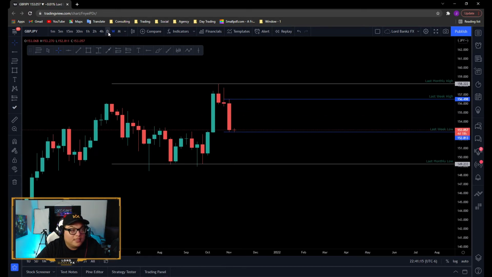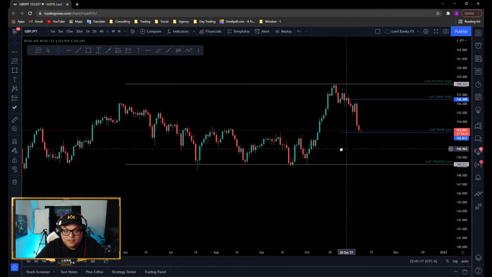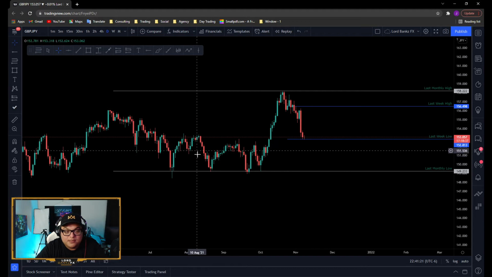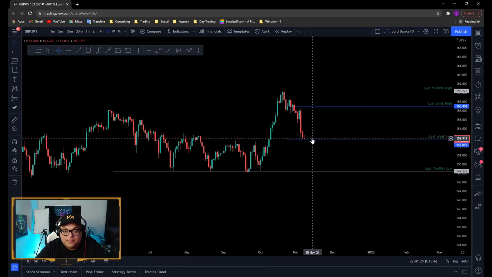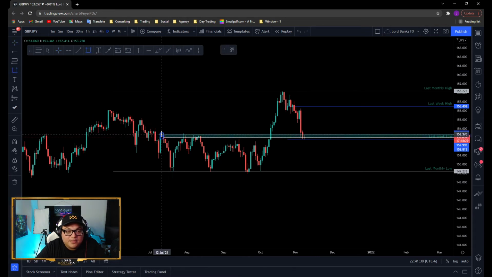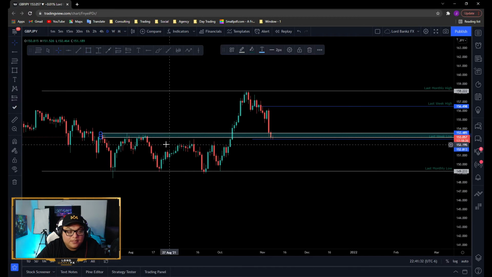Okay, let's look at the daily. In the daily, we're going to notice a couple of things here. See this consolidation we had here, and then we broke out, and then we're coming back here, basically doing a retest of this area, right?